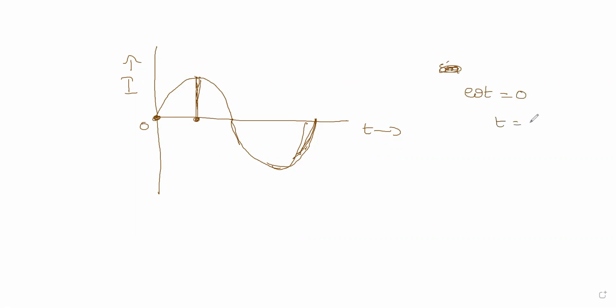And now at this point, the curve is reaching the peak position, that is I naught. So the omega t value should be equal to pi by 2.